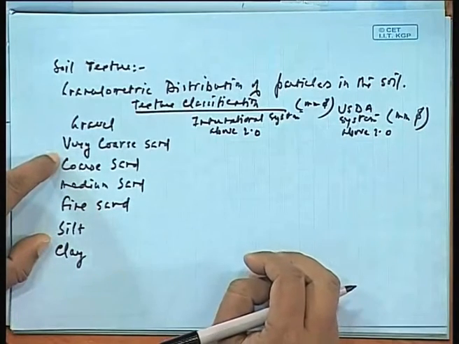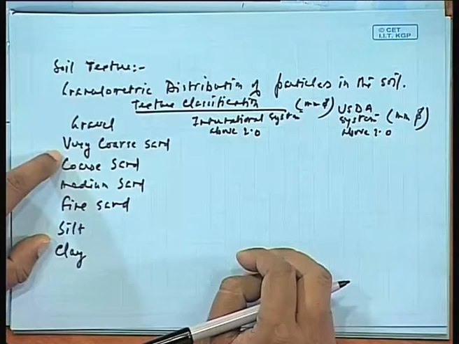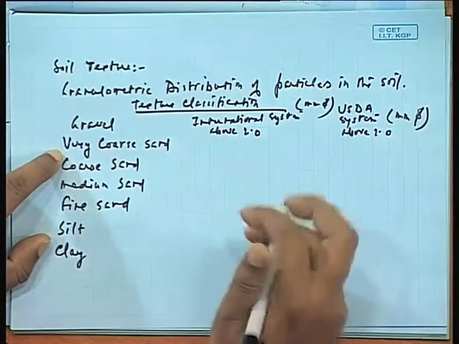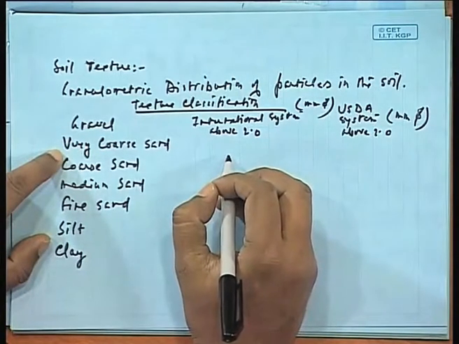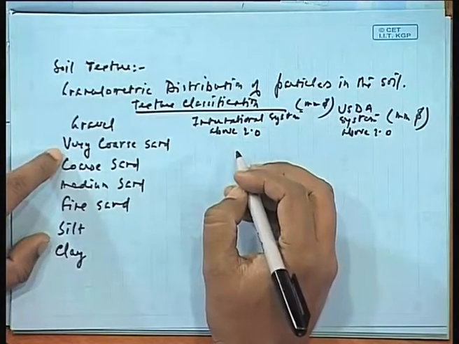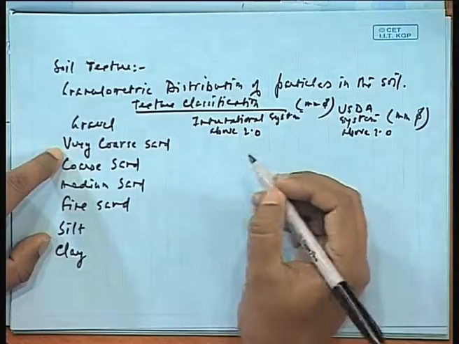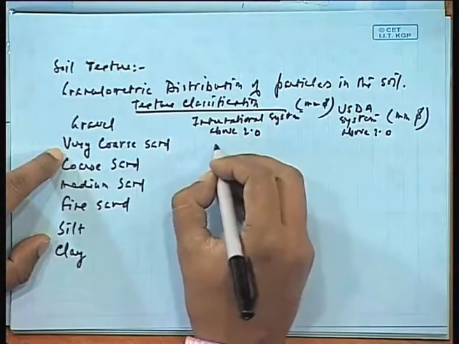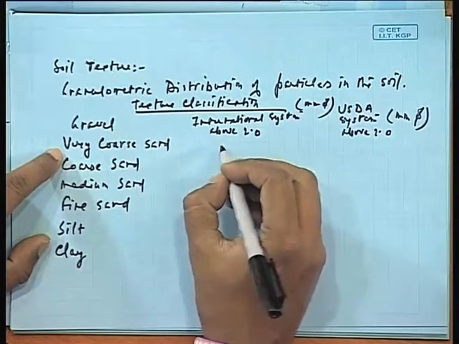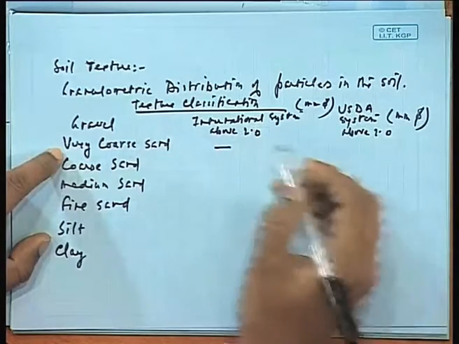Gravels, except for supporting the plant structure, don't contribute much. The only purpose they serve is mostly to provide a structure for the plant. Very coarse sand, this distinction is not essentially available in the international system.